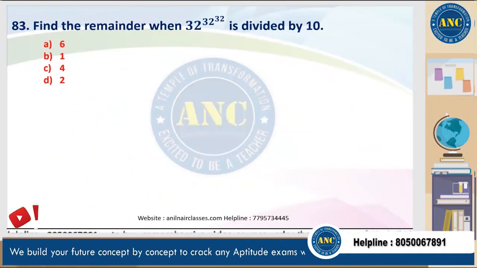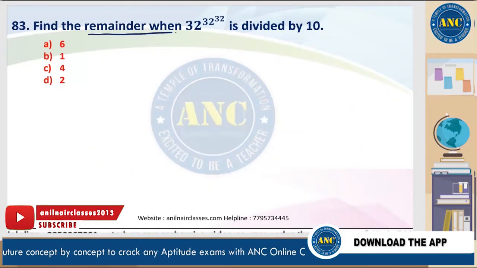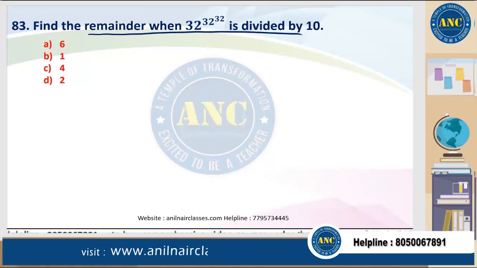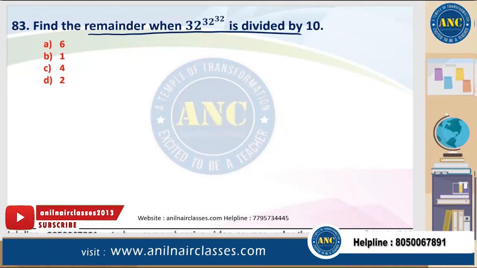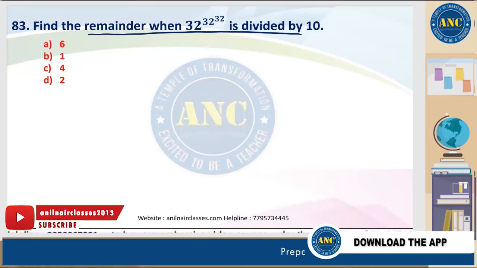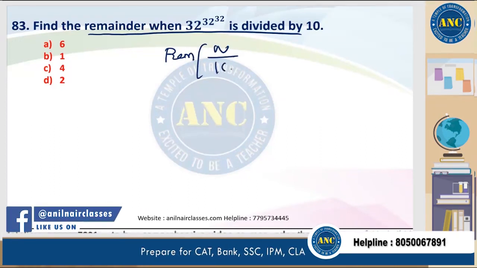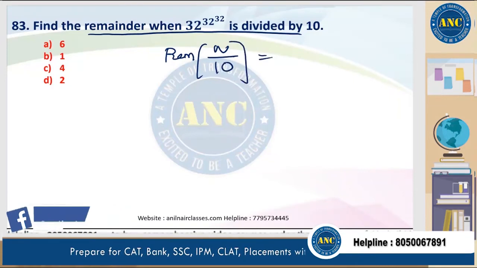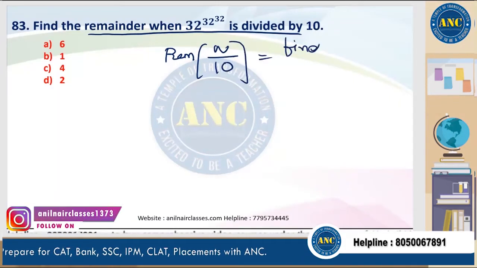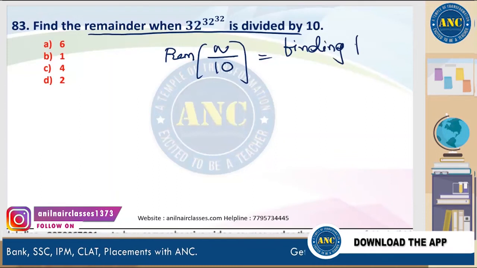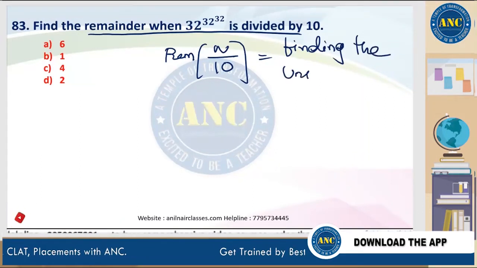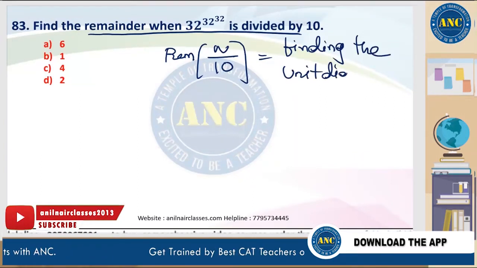Next one. Find the remainder when 32 power 32 power 32 is divided by 10. It's an easy question. Please write down. When any number is divided by 10, it is nothing but finding the unit digit of the number.